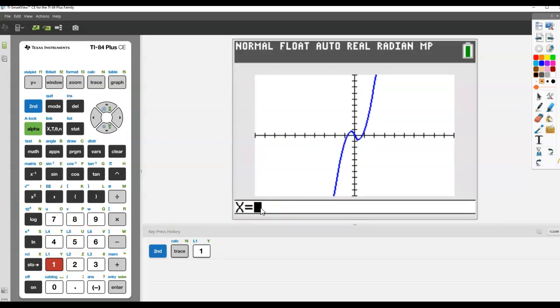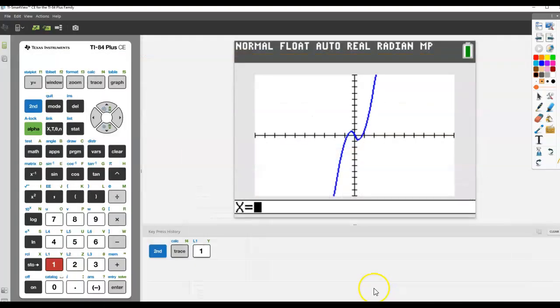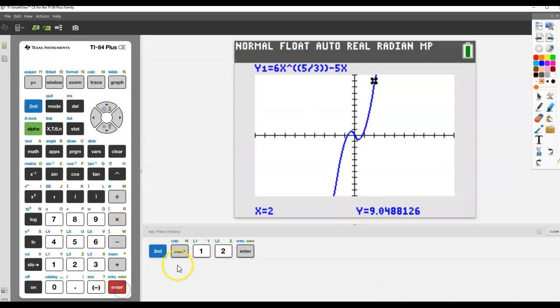That's a y value that we're looking for. So we're going to type in the x value that we want to work with. The x value I'm plugging in is 2. So we're going to type 2 and enter. And it's going to tell you the y value that goes with it. And it actually puts a little cursor right there on your graph as well. So where that cursor is blinking, that's where x equals 2, and apparently the y value is 9.048.